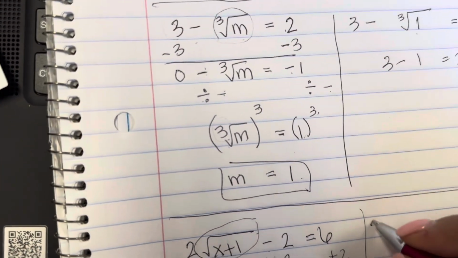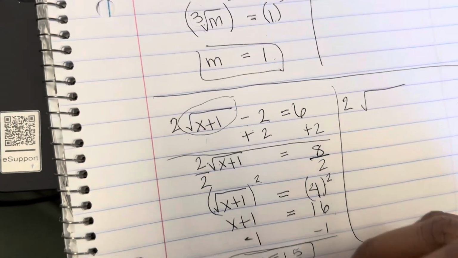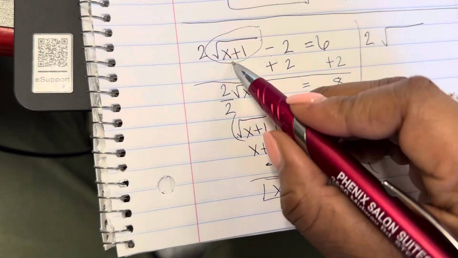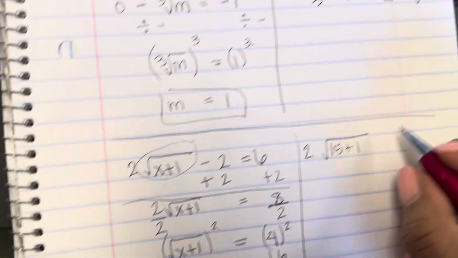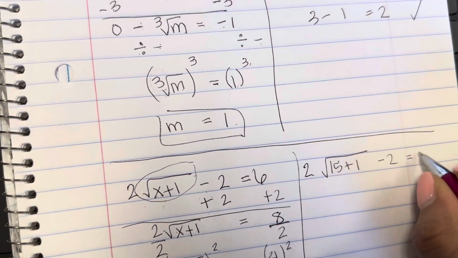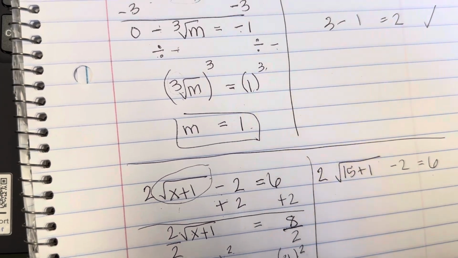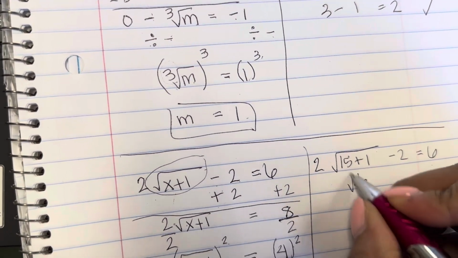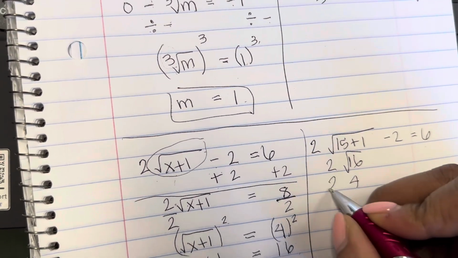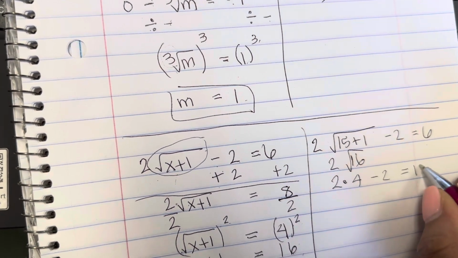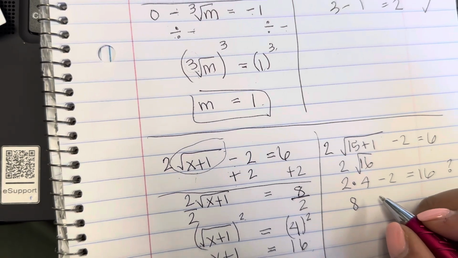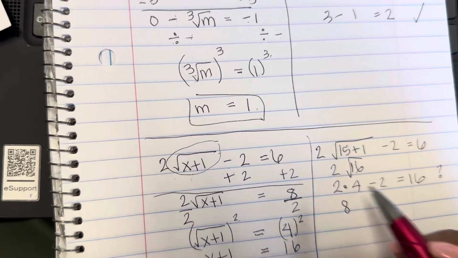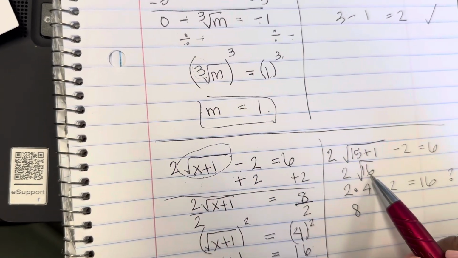Subtract your 1. Check your answer. 2 times radical 15 plus 1. So plug in that 15 for x and see if that solution works in the original problem. 15 plus 1 is 16, right?